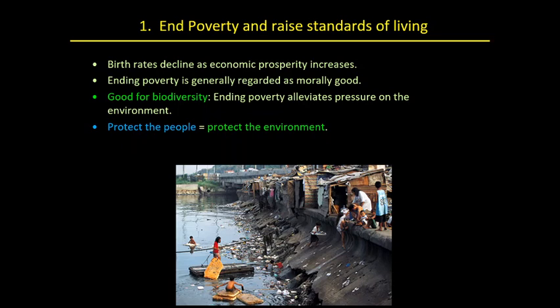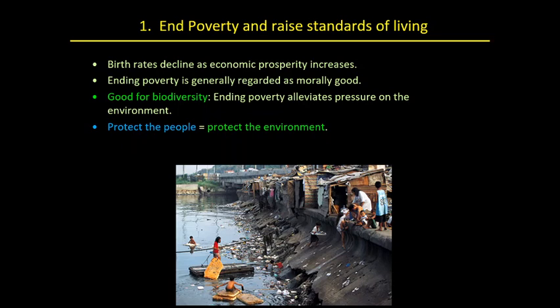And all this is better for the planet. It's good for biodiversity, because ending poverty alleviates pressure on the environment. People are able to make better, longer-term, more careful choices about how they use the resources in their environment when they have economic security.